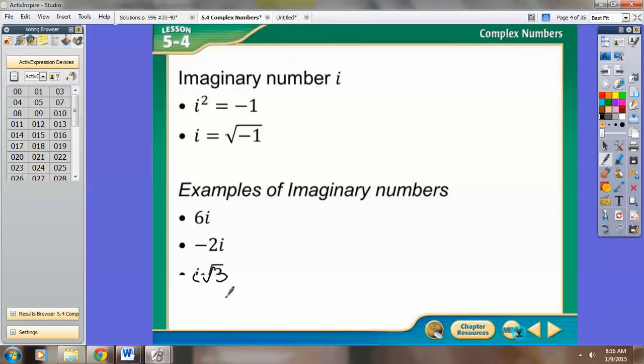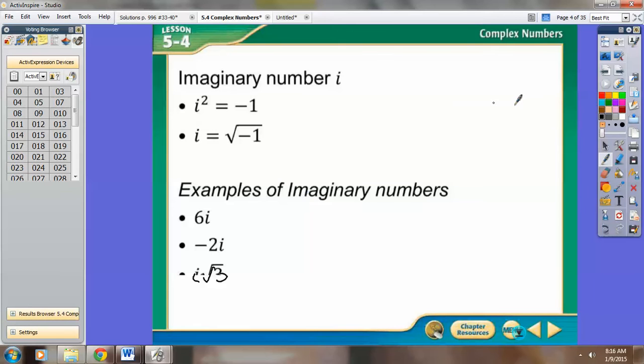The square root of negative 1 in the second bullet is equivalent to i. i squared equals negative 1, and i is equal to the square root of negative 1. Those first two bullets are very important to make sure that you are aware of. If you see those, you know what their equivalent is.